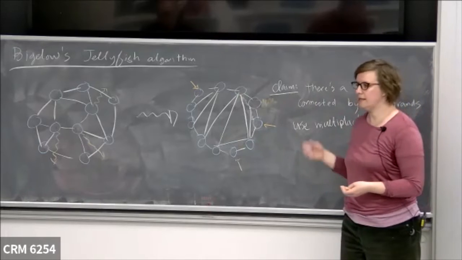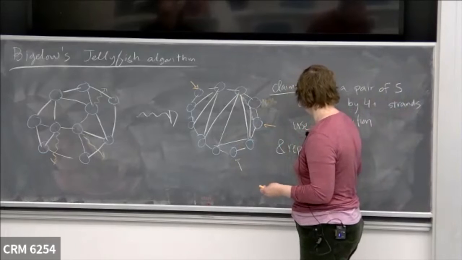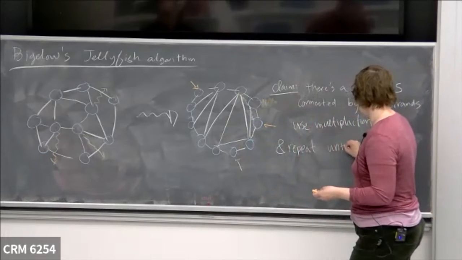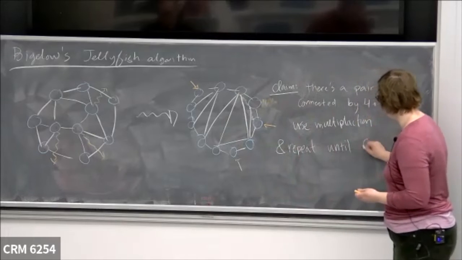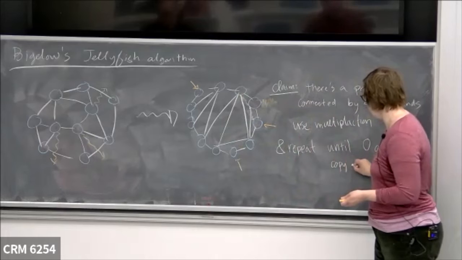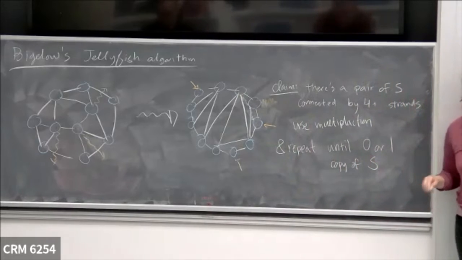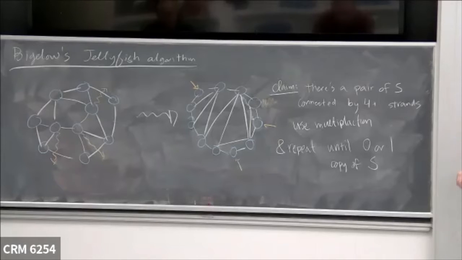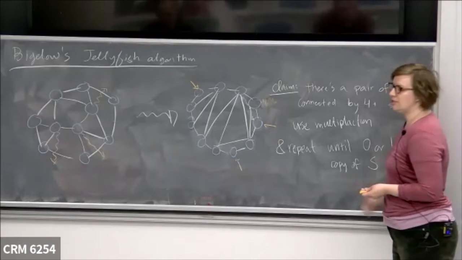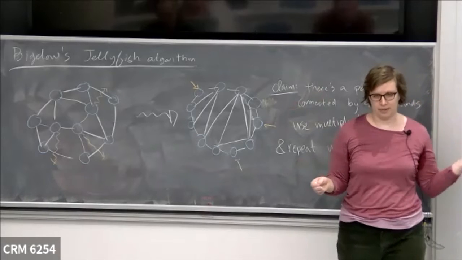And so we can keep doing this. We repeat this cancellation until there's either 0 or 1 copy of my generator left. At that point, if there's 1, it must loop back on itself somehow, and so we get 0, according to relation 2 there. And so we end up with something that's just a Temperley-Lieb diagram, and we evaluate that, and we get a number back.